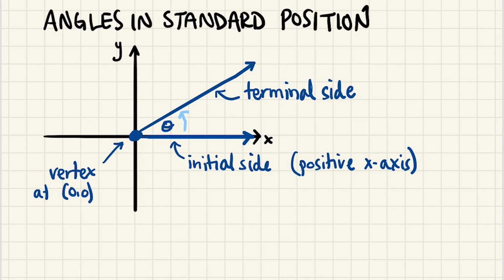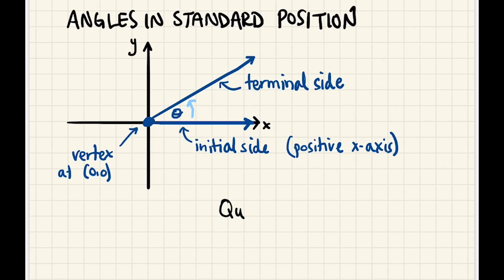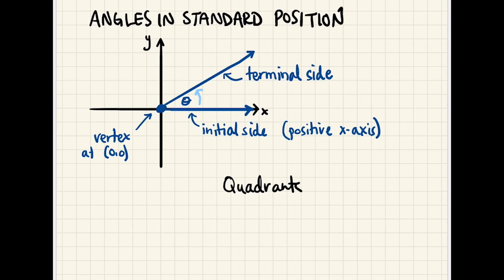So based on where a terminal side is located, we can talk about the quadrant of an angle. And this particular angle that we've drawn is in quadrant 1. The quadrants read 1 through 4 counterclockwise. They're often represented with Roman numerals, but that's not a law.